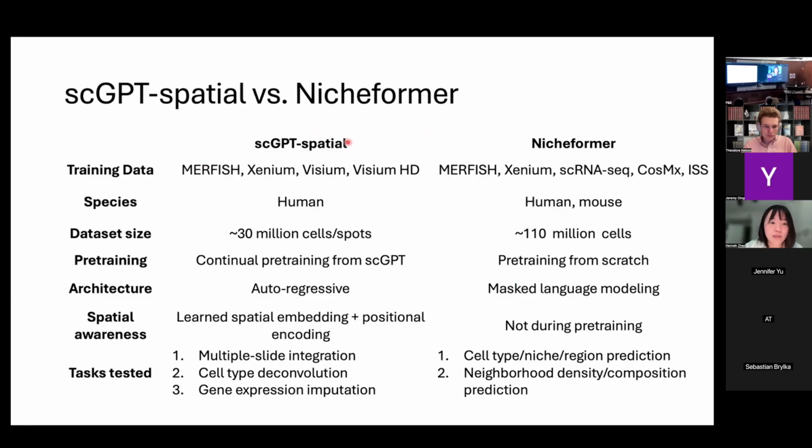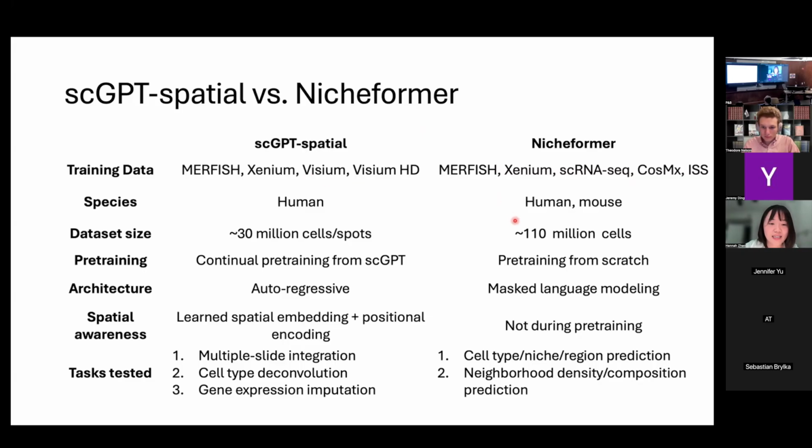scGPT Spatial is trained on Merfish, Xenium, Visium, and Visium HD. But Nicheformer is trained on Merfish, Xenium, single-cell RNA-seq, and also Cosmics ISS. For species, scGPT Spatial is trained on only human data, and Nicheformer on human and mouse data.